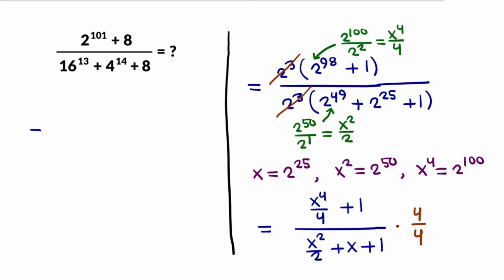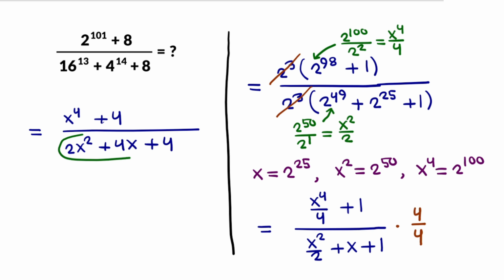Our new numerator becomes x to the 4th power plus 4. Our new denominator becomes 2x squared plus 4x plus 4. Let's pull a 2 out of that denominator to make it 2 times the group x squared plus 2x plus 2.